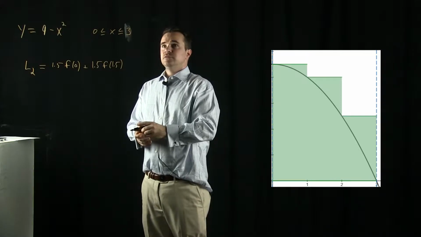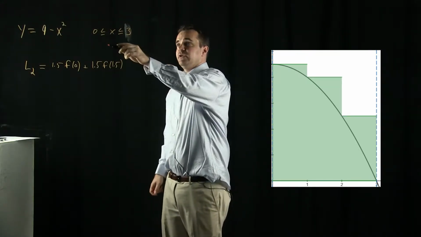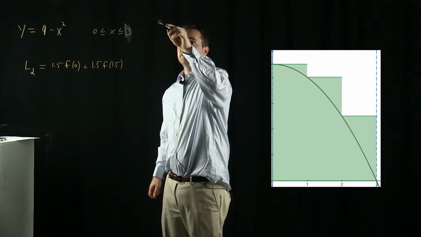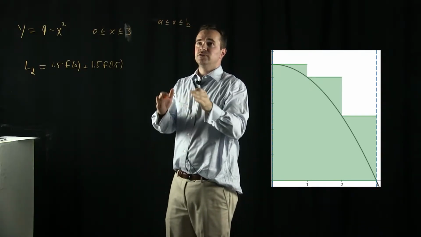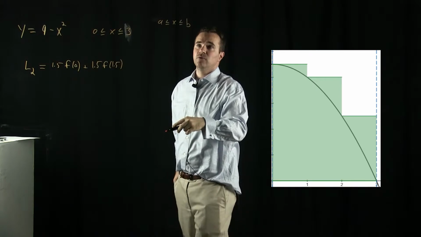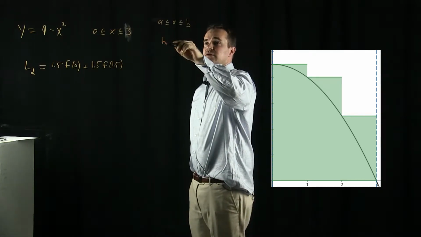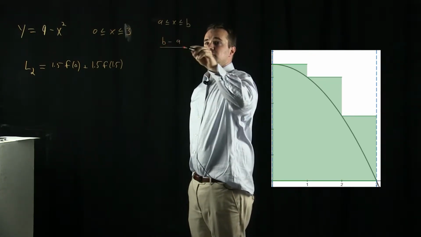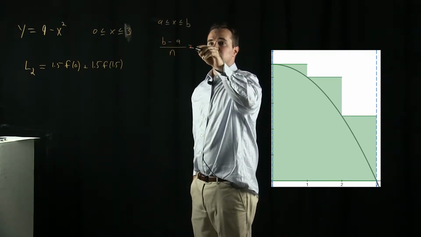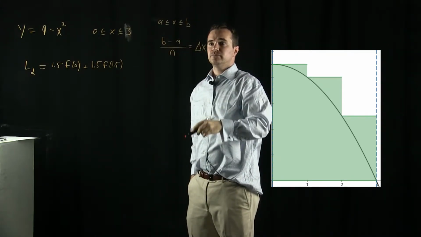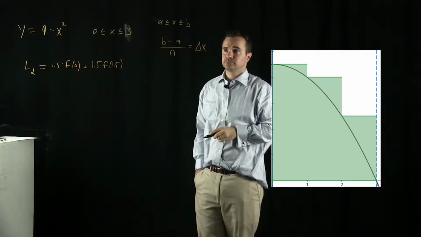So suppose more generally that I had x going from A to B, and I wanted to break up that length into n equal parts. I just look at the length, which is B minus A, and divide it by the number of rectangles that I wanted. That you're going to call delta x.